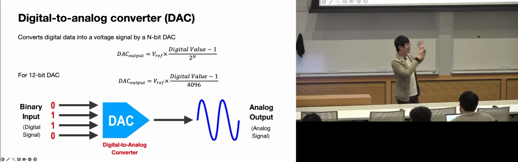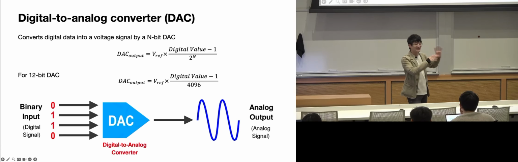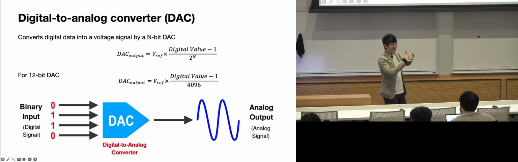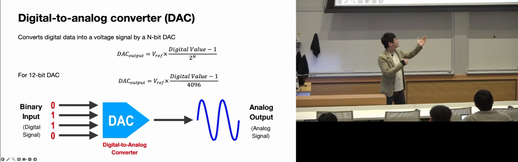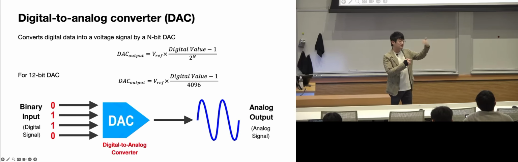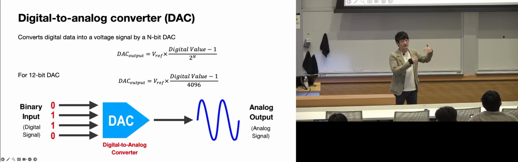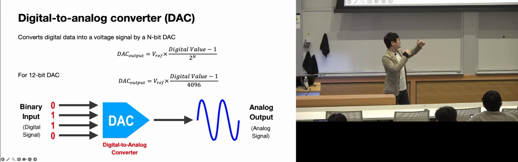Again, let's not talk too much about this +1 or -1 thing. Chances are it's going to be taken care of. In this particular case, it probably means for these microcontrollers, the digital value is ranging from 1 to 2 to the n or something like that. So depends on the number of steps you have.